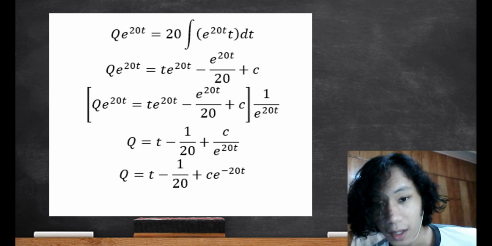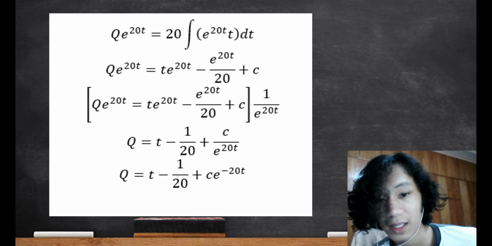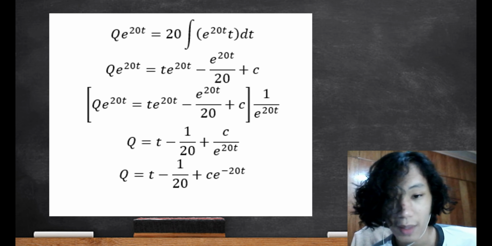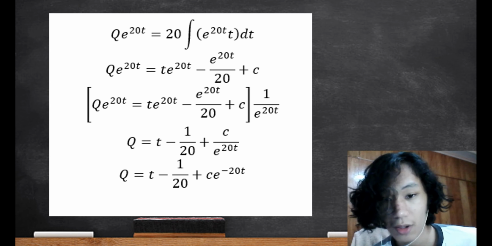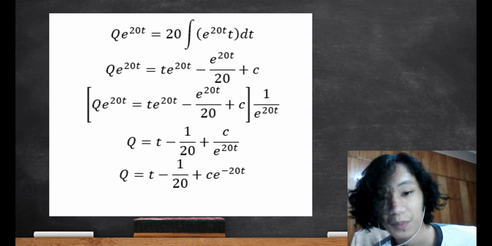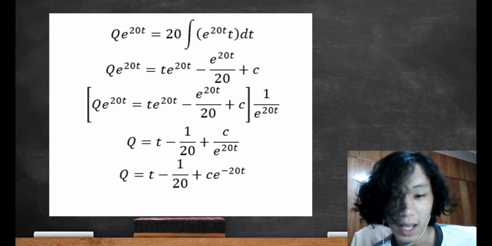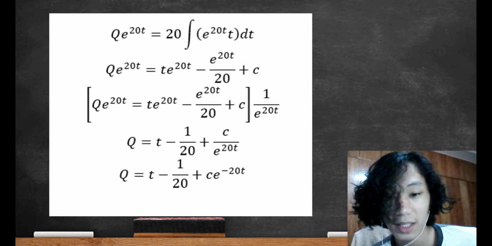Multiplying both sides by 1 over e raised to 20t, we get q = t minus 1 over 20 plus c over e raised to 20t. Bringing the e raised to 20t into the c, we get q = t minus 1/20 plus c times e raised to negative 20t.